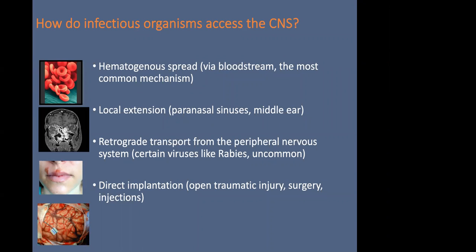And from the brain, they spread to the lacrimal gland, salivary gland, etc. Direct implantation always happens through traumatic injury, surgical procedures, injections, etc. So these are the basic four channels through which organisms reach the CNS. Most common, again, is the hematogenous spread that we need to know.